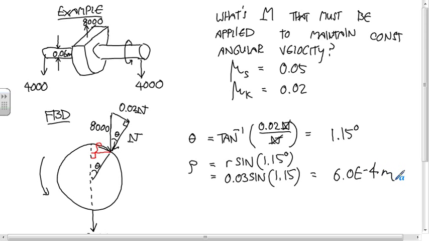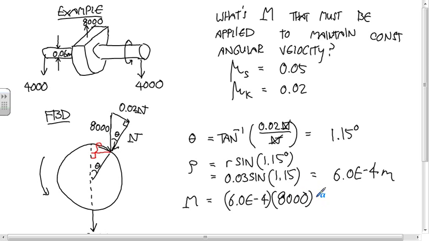And that's meters. And so the moment produced by that offset in the bearing force is equal to 6 times 10 to the minus 4 times the force of 8,000.